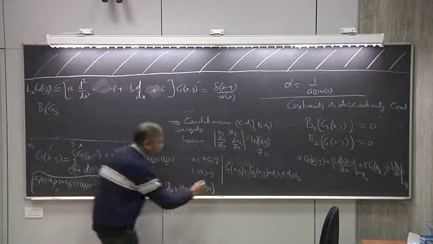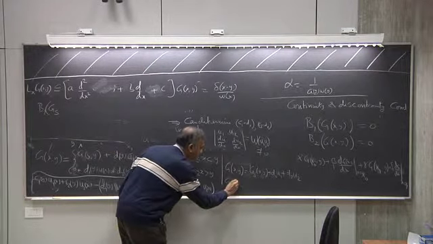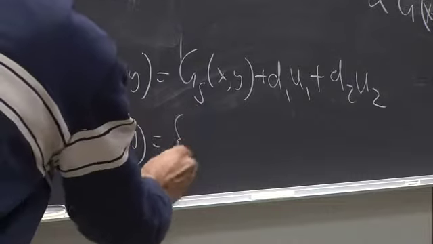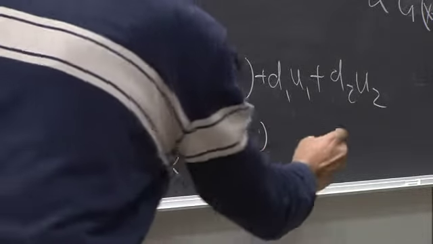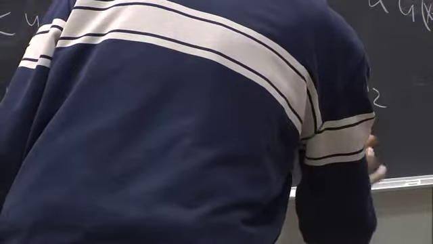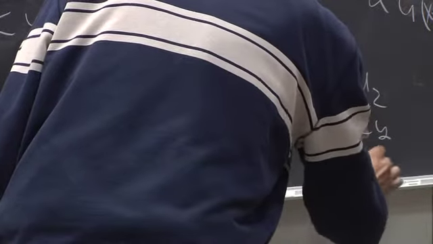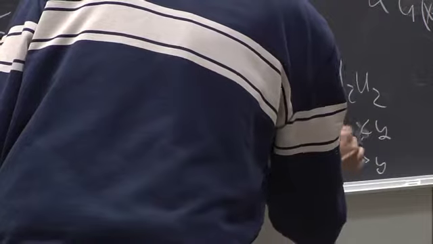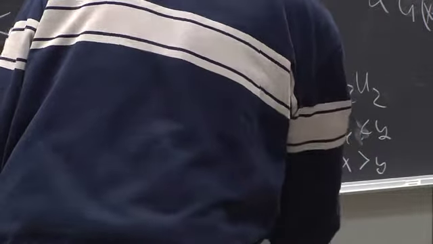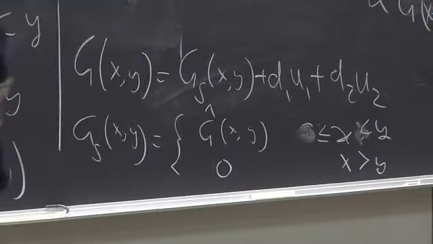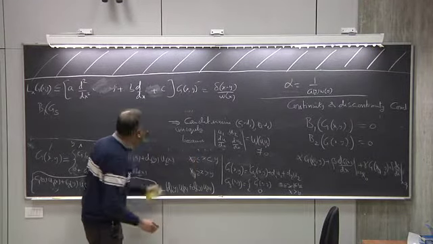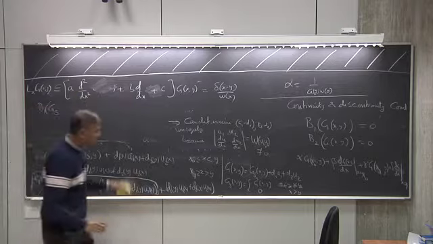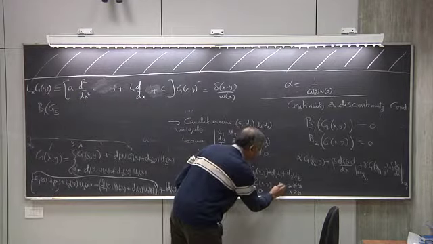By definition, gs of xy is equal to g hat of xy and 0 in the two regions, x less than y and x greater than y. Sorry, I keep mixing this up: this is x naught and that's x1. I don't want to confuse them with a and b, that's why.